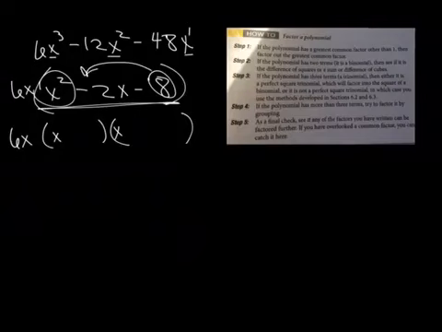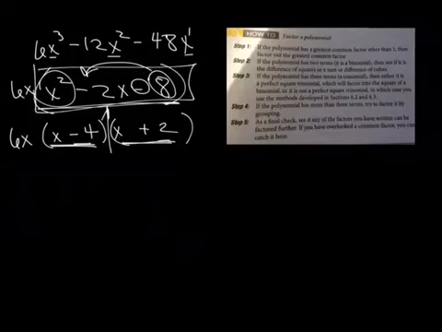So what multiplied together gives me a negative 8, and added gives me a negative 2. Negative 4 times a positive 2 gives me negative 8, and added, negative 4 plus 2 gives me a negative 2. So that ends up being the two terms, or the two pieces that I can put together to give me this trinomial back again right here.